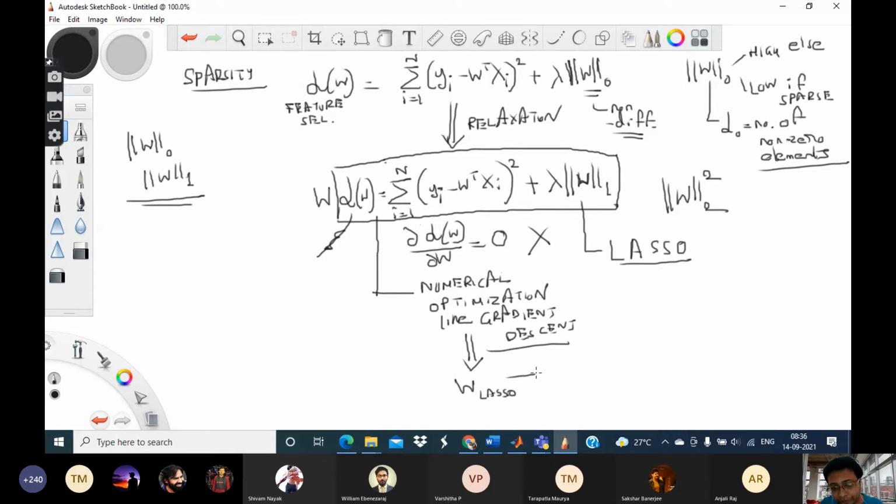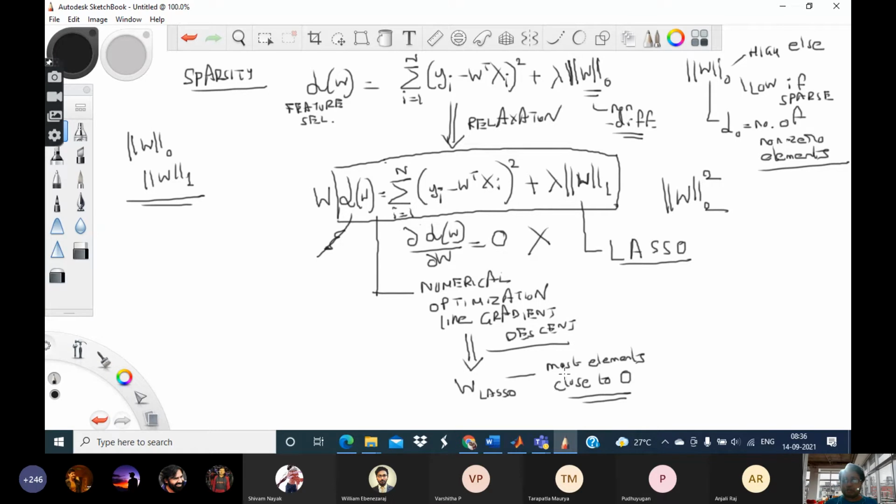This will have most elements close to 0, not exactly 0 as I would have originally wanted, but most elements close to 0.